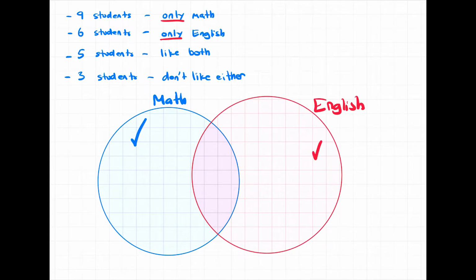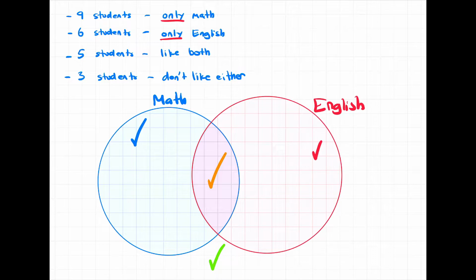Anything that is in this section over here is only English. Anything that is in this section on the outside is neither. And this section that's right in the middle, sort of forming this football shape right here, is going to be both.